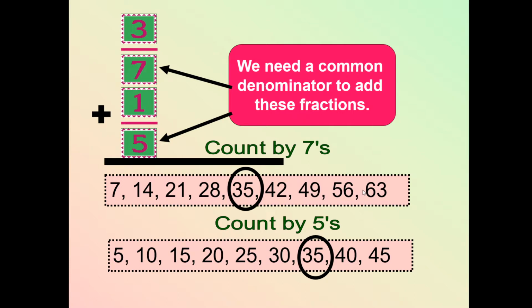We're just listing out the multiplication table for 7. Then we also have 5: 5, 10, 15, 20, 25, 30, 35, 40, and 45. And what's the least common number between the two? It's 35. So 35 will be our LCD, our least common denominator.